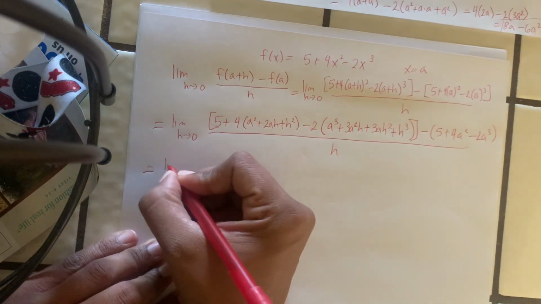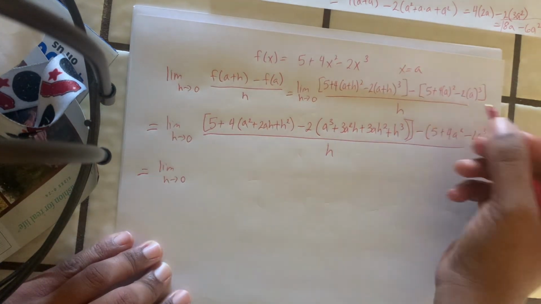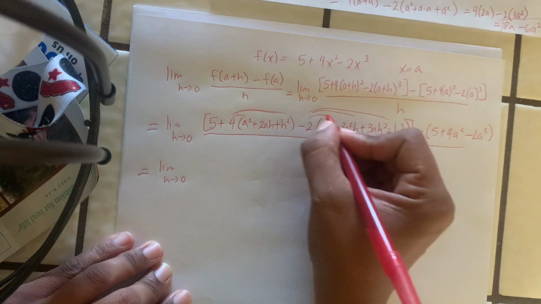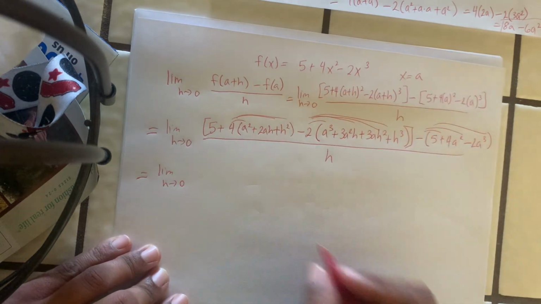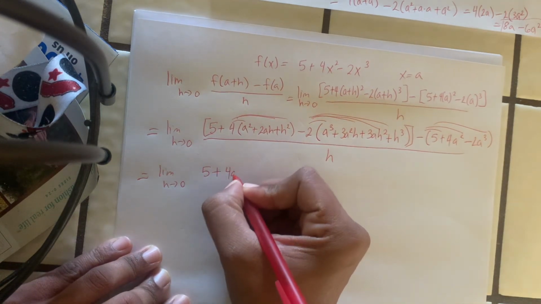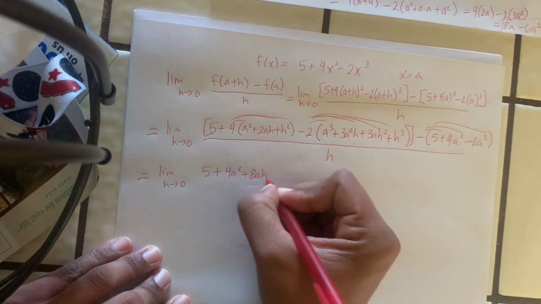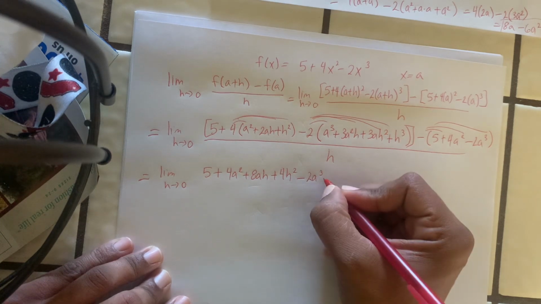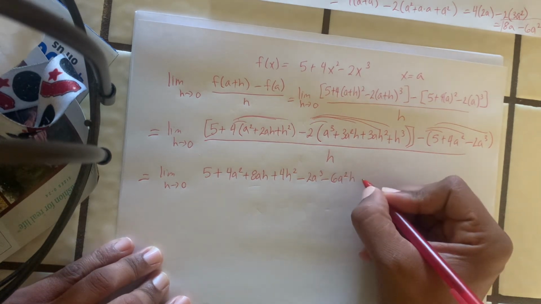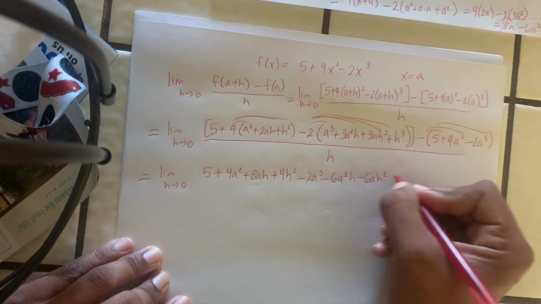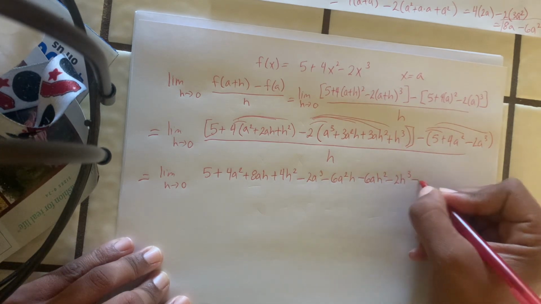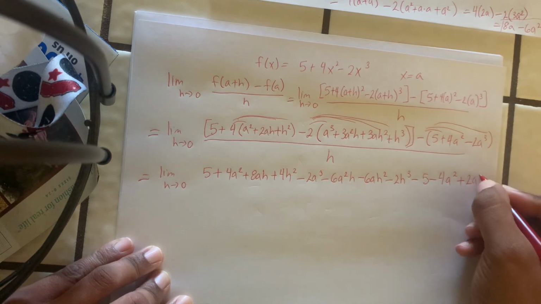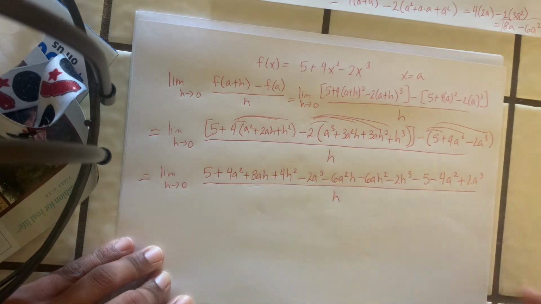Now at this point, we're going to focus on distributing on all of these terms. So I have 5 plus 4a squared plus 8ah plus 4h squared minus 2a cubed minus 6a squared h minus 6ah squared minus 2h cubed minus 5 minus 4a squared plus 2a cubed over h.